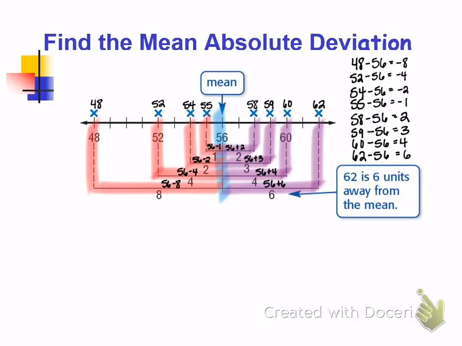Notice with these deviations we have positives and we have negatives, whereas on our number line we only had positive values. Because when we look at the number negative 8, that is telling us that we will be 8 spaces to the left of the mean.